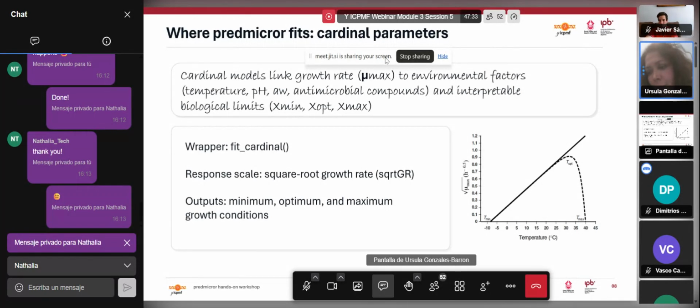If we are talking about temperature, it will be the minimum temperature for growth, the optimum temperature for growth, and the maximum temperature for growth. In case we are talking about pH, the same: the minimum pH for growth, the optimum pH for growth, and the maximum pH for growth. Okay, but it could also be extended to water activity, or even to the concentration of an antimicrobial.